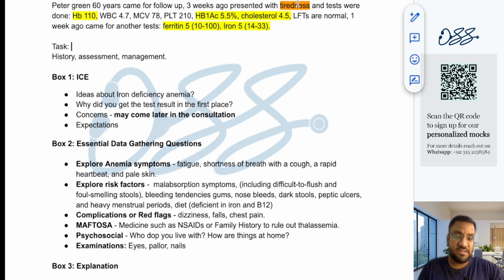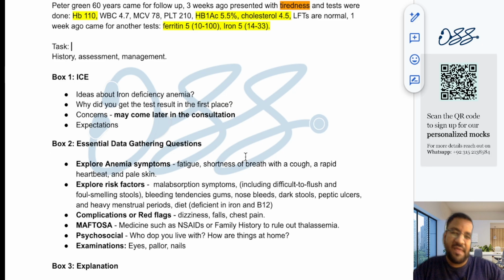For example, the patient presented with tiredness, so you can talk about tiredness. But apart from tiredness, you can ask about the other symptoms of anemia. By any chance, did you develop any fatigue? Did you develop any shortness of breath? Or a rapid heartbeat, or are you having any pale skin?